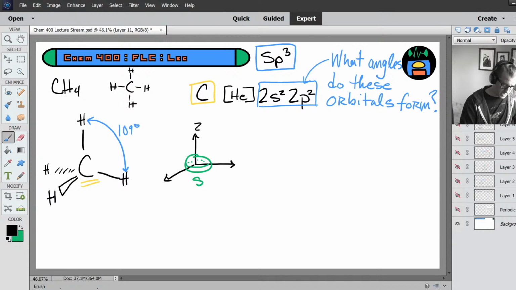Let me label my axes. And then in the 2p subshell, we have 3 more orbitals.